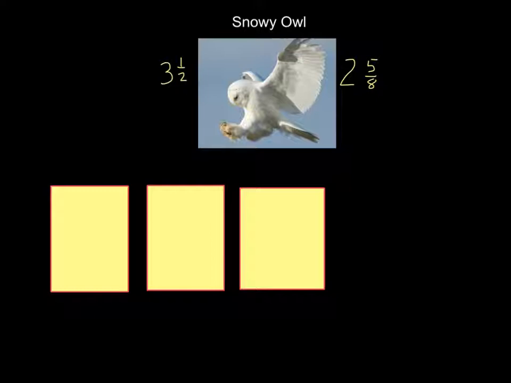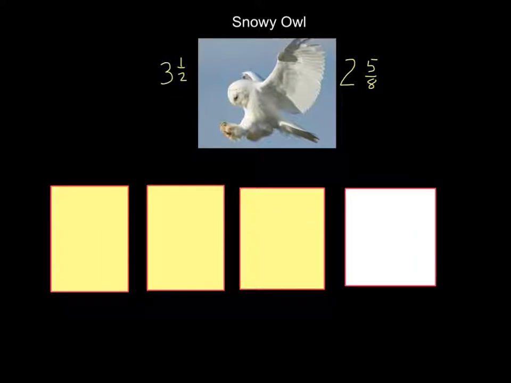So I'm going to do that by making a blank box, and I'll do that right here. Now, if I have halves, that means I'm going to draw one line right in the middle to make 2 parts. So I'm going to draw that right down the center, and then I am going to color in half of that. So now I have 1, 2, 3.5 mice.